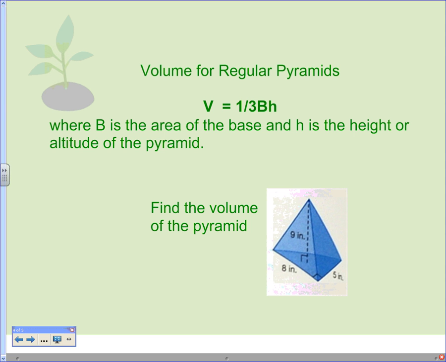Any ideas what our height would be? No, for the volume formula, for the height, what would it be? None? Do you agree with that? Is it going from the base, like the middle of the base to the top? Okay. What about the area of the base? How would we find that? 8 times 5 divided by 2, because it's a triangle.